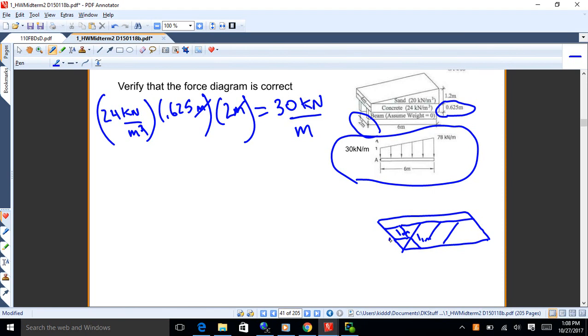So we're looking at the beam that's holding this up. Each beam per meter of length is accumulating 30 kilonewtons of concrete weight. So that's how you break that down from a concrete slab down to that lower portion of the diagram, the 30 kilonewtons per meter.